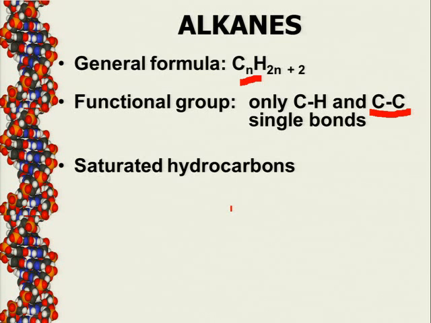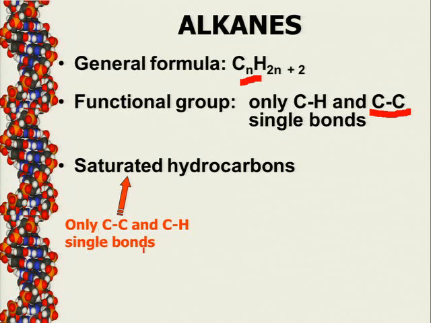By multiple bonds, what do we mean? We mean there are no double bonds or triple bonds. So those are your multiple bonds. We only have single bonds between carbons, and you only have hydrogen and carbon in the compound. So that is the hydrocarbon.